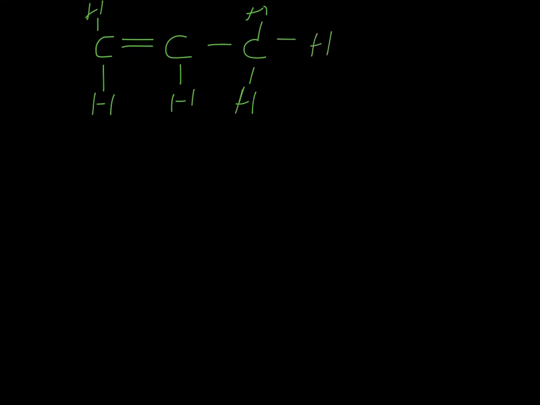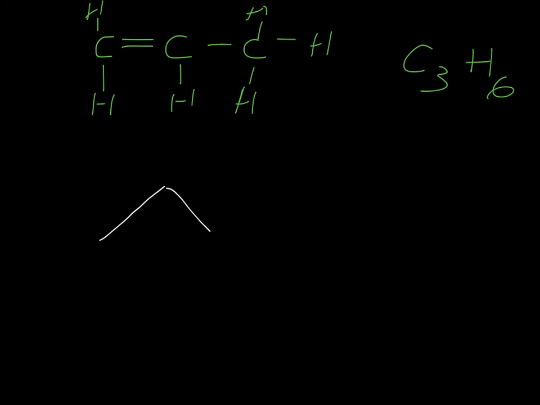We're looking at this compound, and this compound, for the record, would be C3H6. How would we draw the line structure for this? Well, we have 3 carbons, right? 1, 2, 3 carbons.